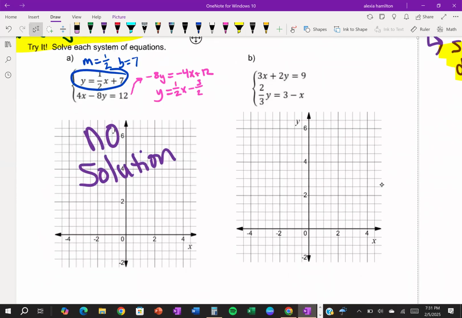And then here, oh, I have to do work for both of them. That's lame. Okay.